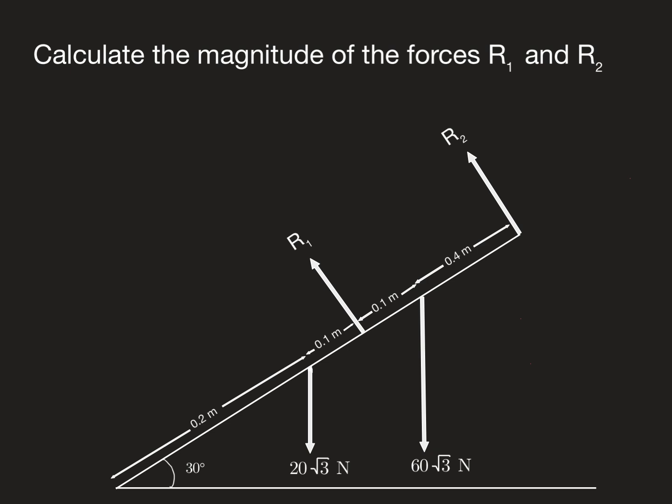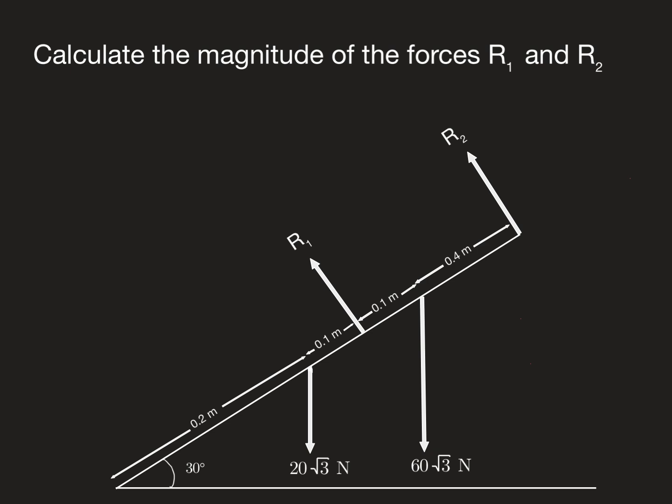But we do have two forces, the 20 root 3 Newton force and the 60 root 3 Newton force, which are not at right angles to the distance. So they are not perpendicular. To solve this, the forces that we have to use need to be perpendicular to the distance.